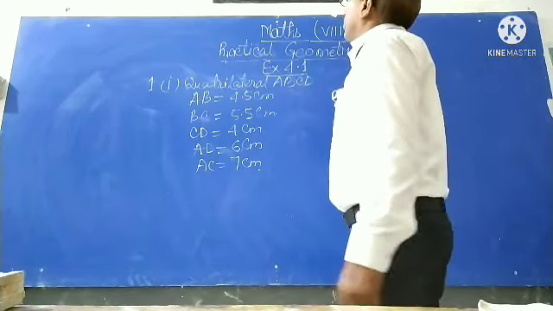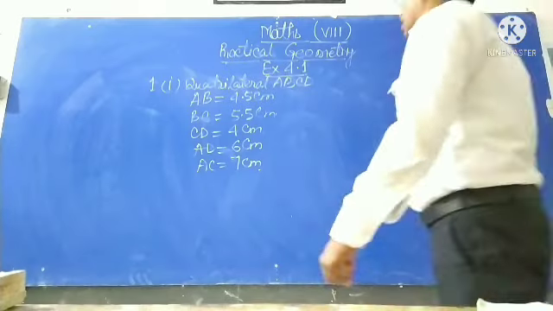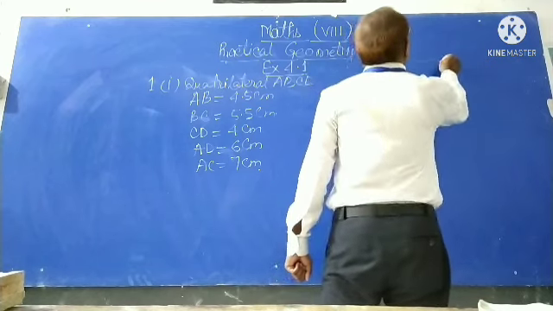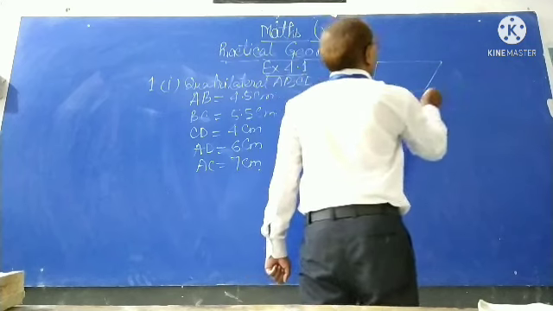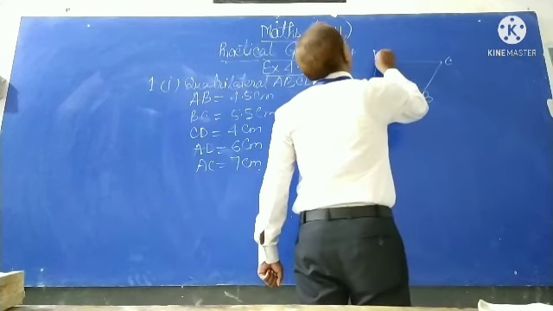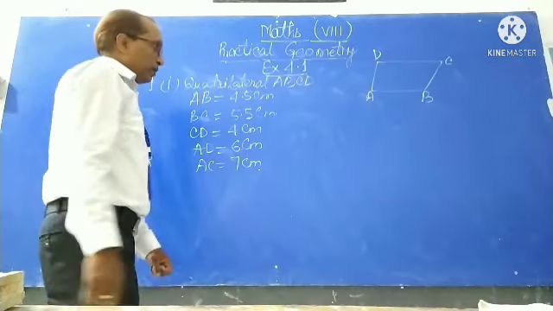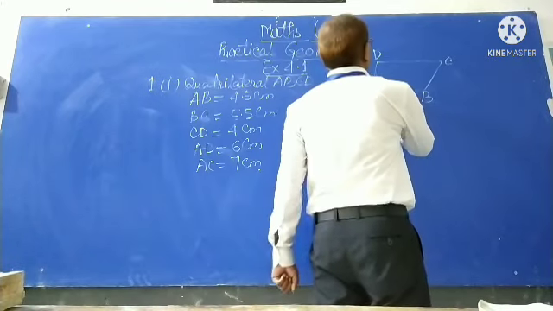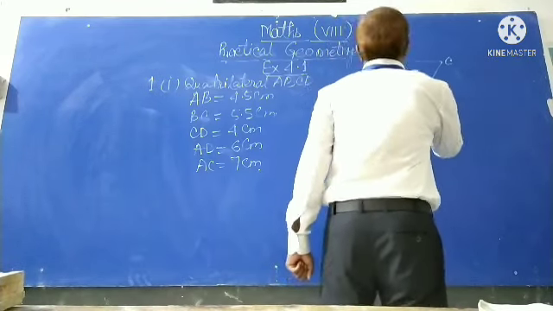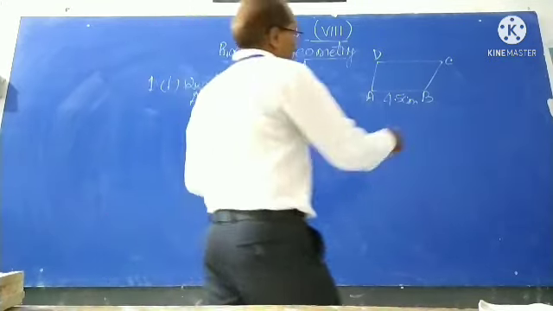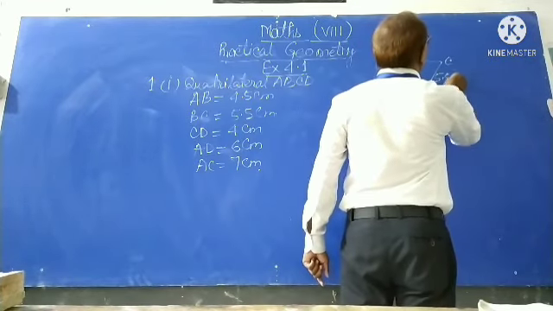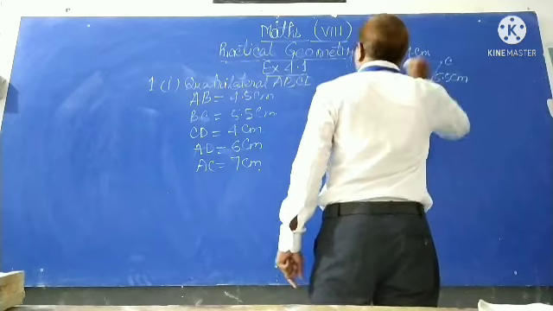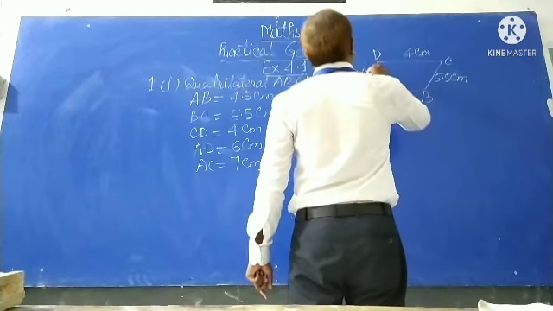Then, first of all, you draw a rough figure of quadrilateral ABCD. A, B, C, and D. You write down the measurements. What is given here? AB is 4.5 centimeter, BC 5.5 centimeter, CD 4 centimeter, AD 6 centimeter.